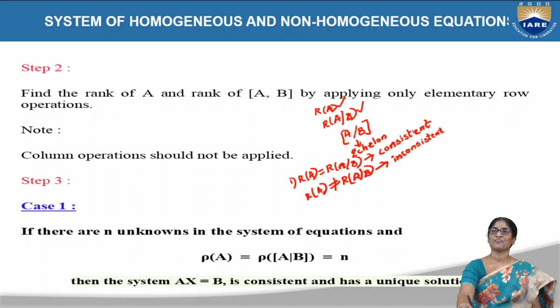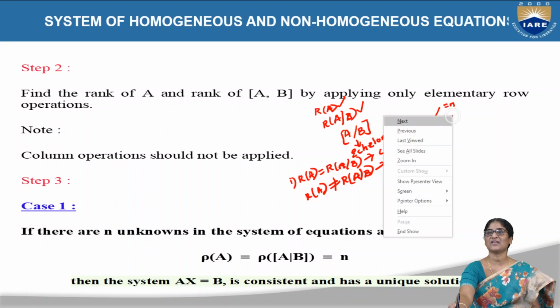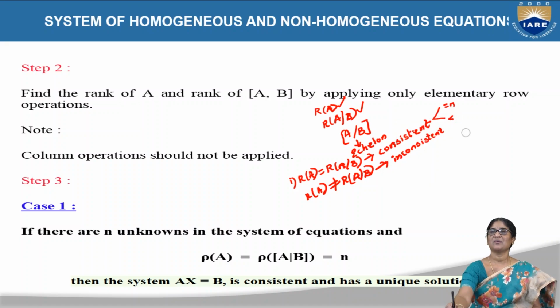In this also, in the first one, when R of A is equal to R of A by B, then again two cases arise: equal to the number of variables, and less than the number of variables.